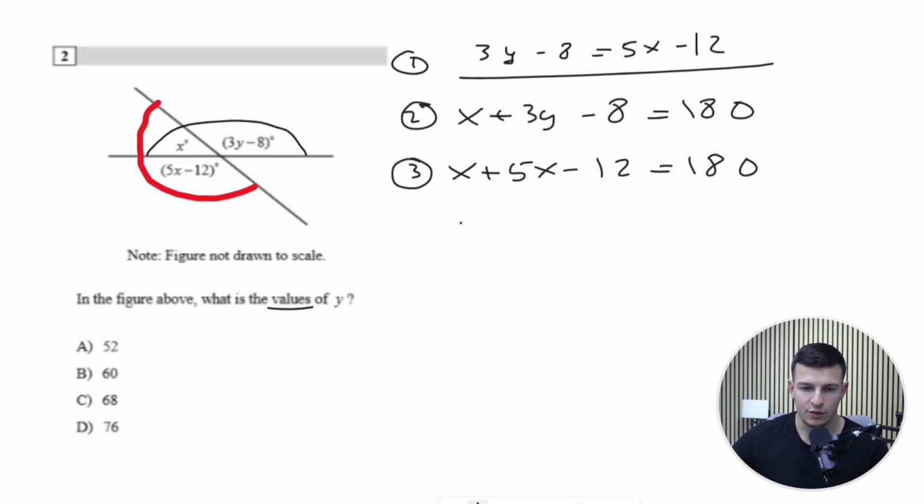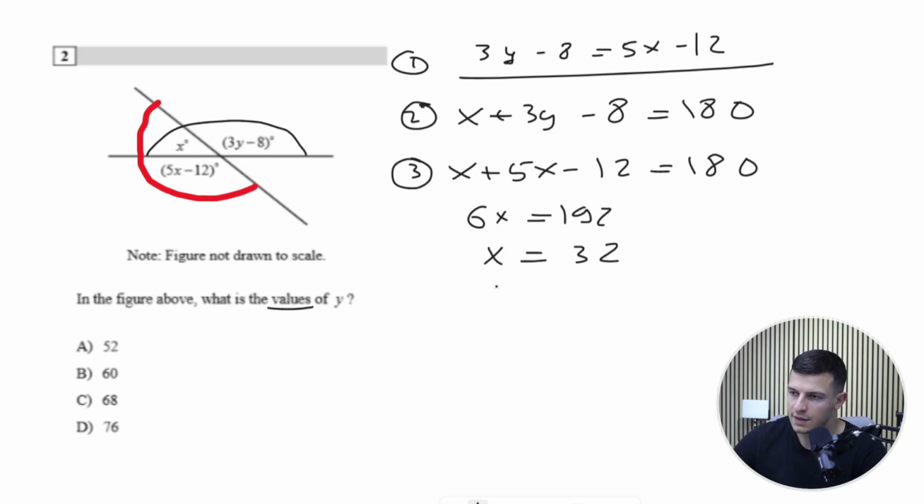Like I said, we can use 1 and 2 to do a simultaneous equation. We certainly can. But the third equation makes our life a little easier because it only has one variable. So we can solve it. 6x equals 192, and x is going to be equal to 34, if I'm not mistaken. 34. I think I am mistaken. 32.